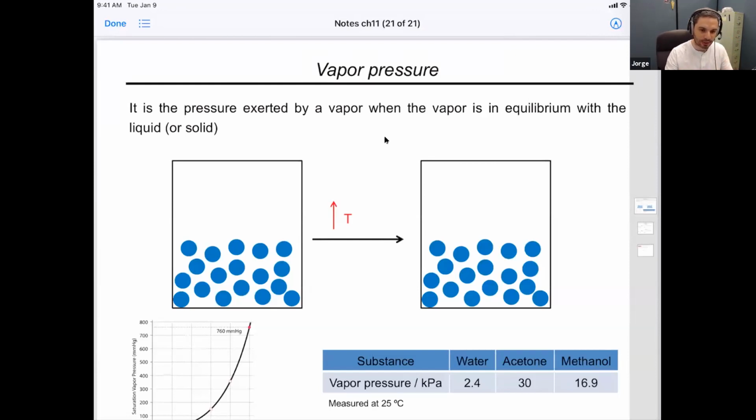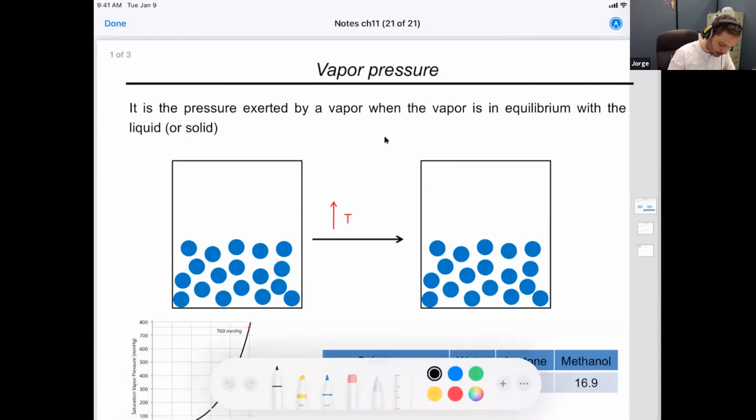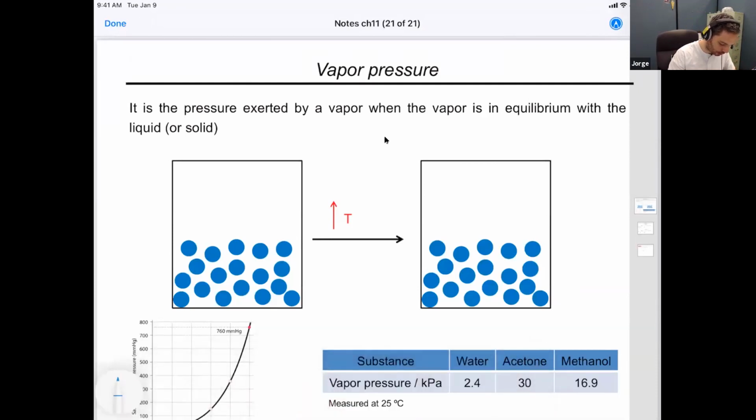Because the system is dynamic, the water molecules are moving in a chaotic motion, and some of the water molecules, especially the ones at the surface, have enough energy to escape from the liquid and move on to the gas phase.